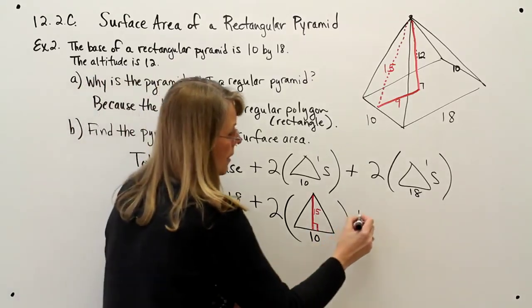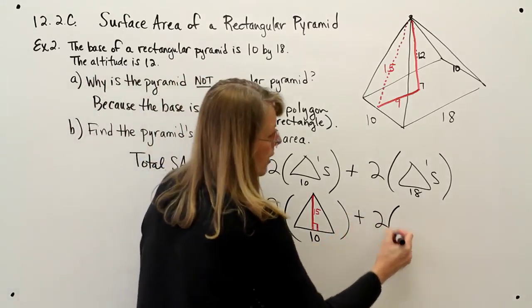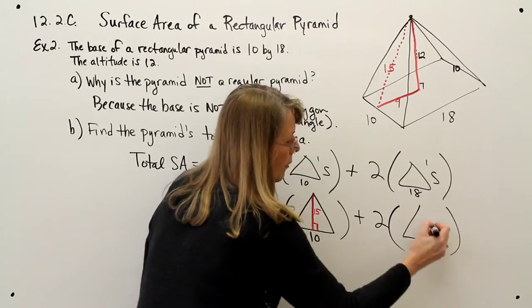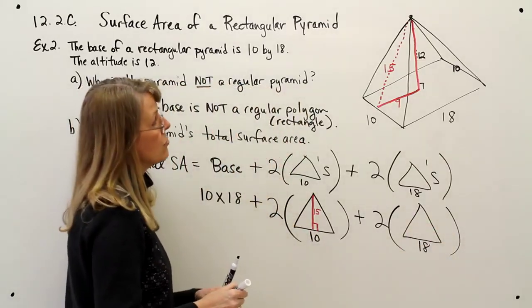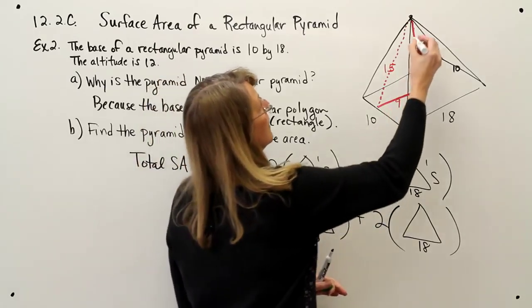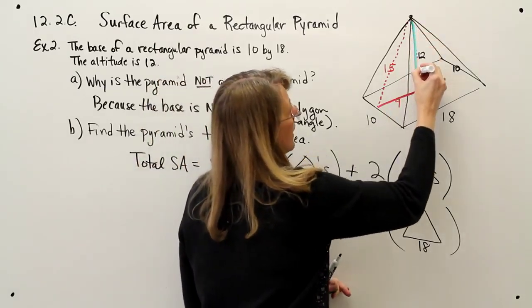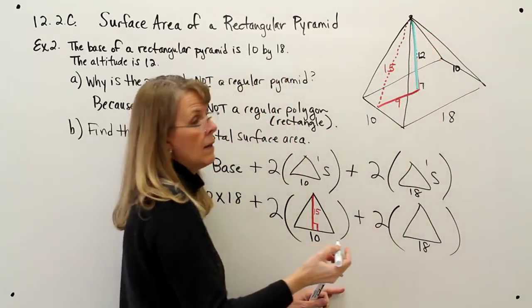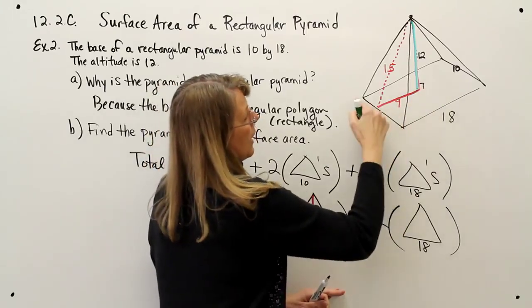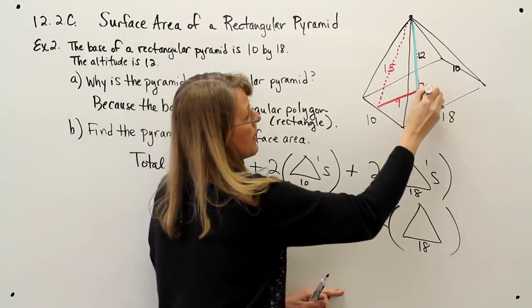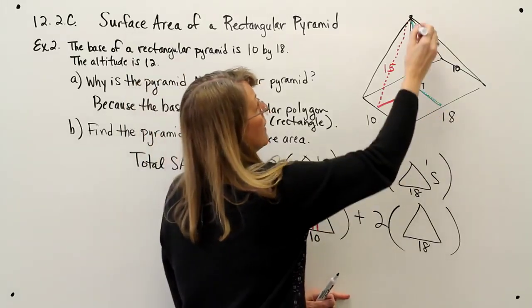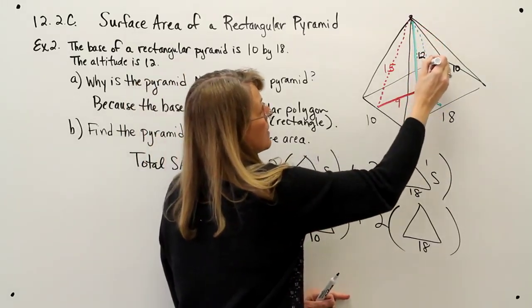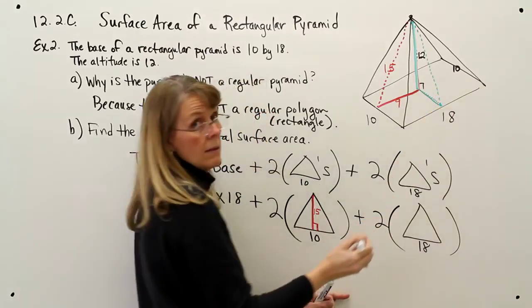Let's move on to this other triangle. Let's see if we can draw it a little better here. Right now, all I know is that that base is 18. So doing something similar, I'm going to highlight this altitude now in green. I'm going to draw a line parallel to this side of 10. And then I'm going to put in this slant height to this triangle in front.